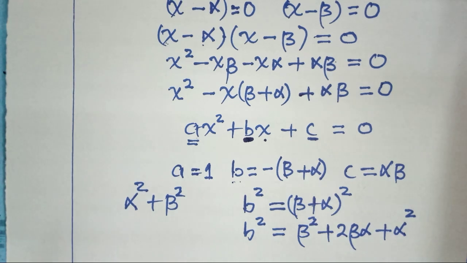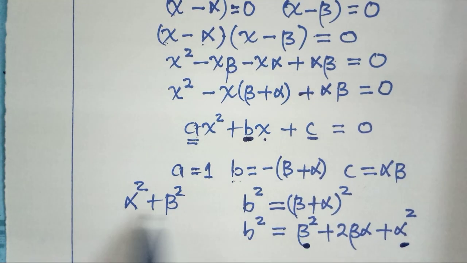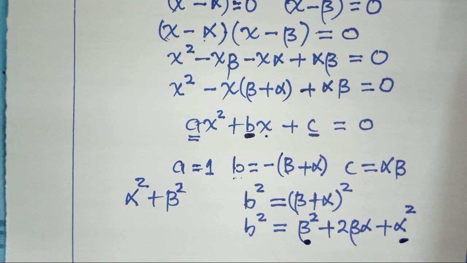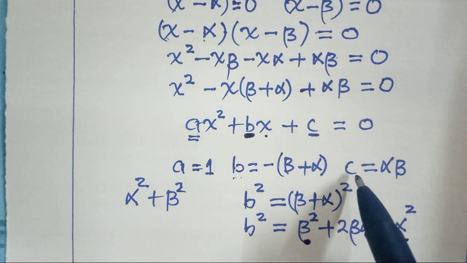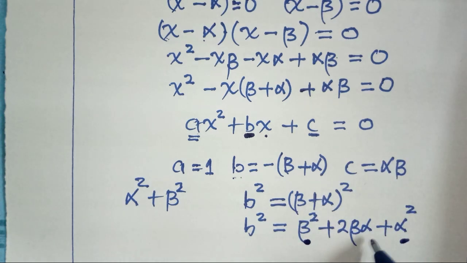After getting that, I noticed that here I have beta squared and alpha squared, just like I have here. So I will make them the subject of the formula. But before that, I also have 2 beta alpha. For 2 beta alpha, we have that c is equal to that, so we can replace it with c.